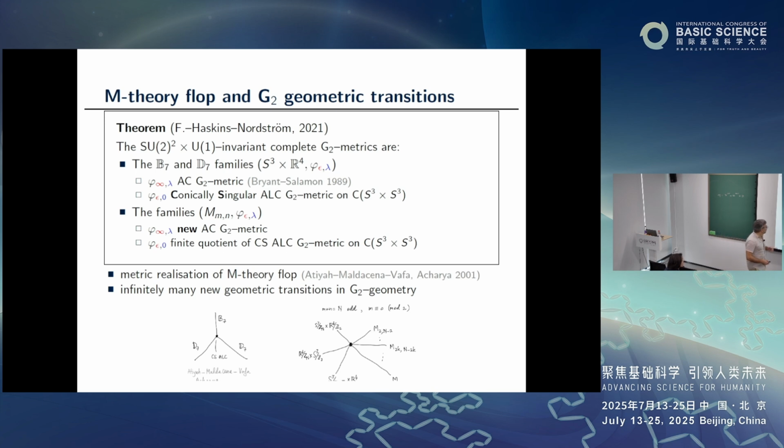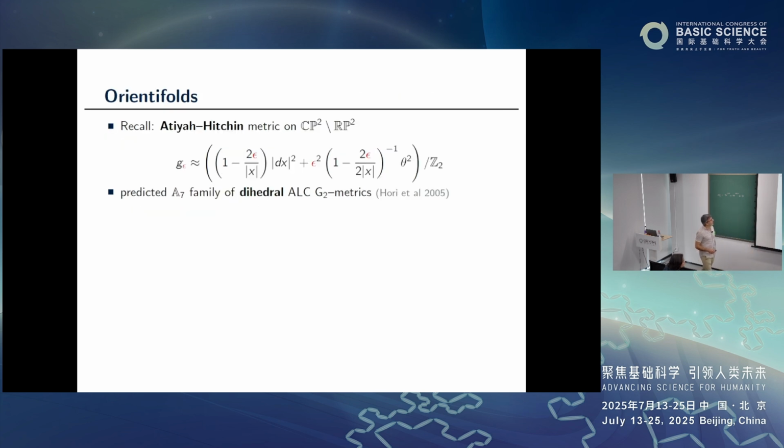So what can we say about models for G2 metrics that we can think of as M-theory uplift of orientifolds? First of all, the Atiyah-Hitchin metric plays a role as a lower dimensional example.